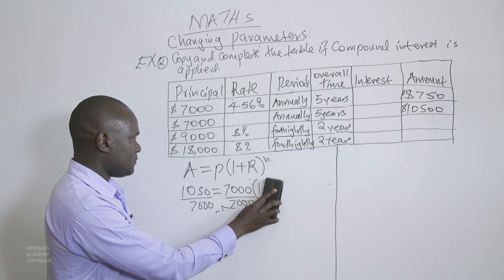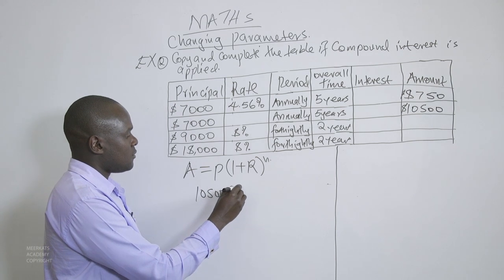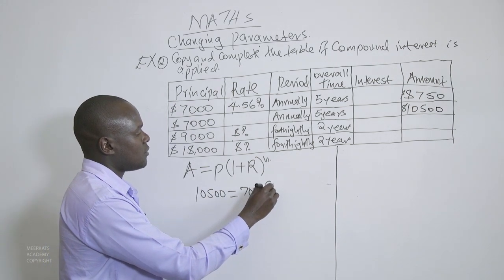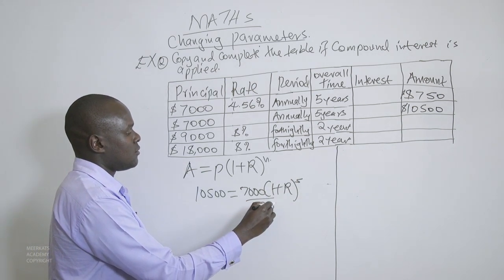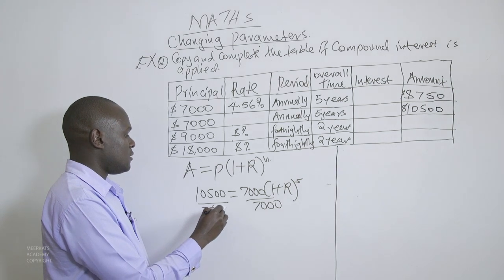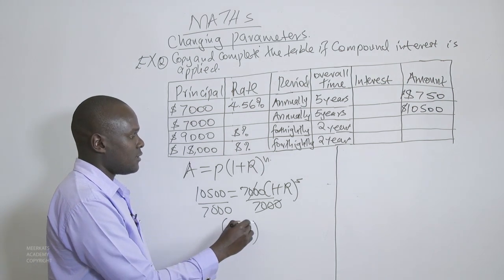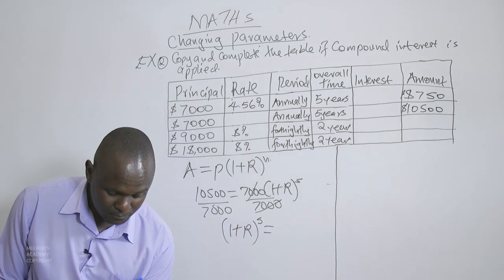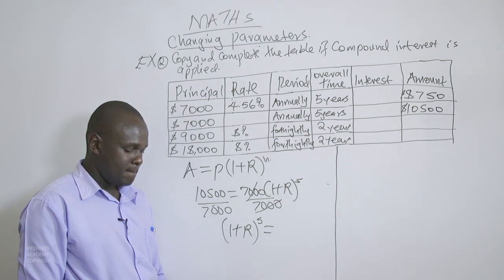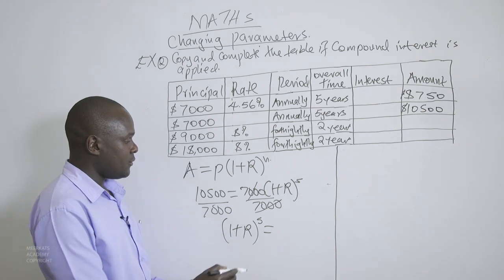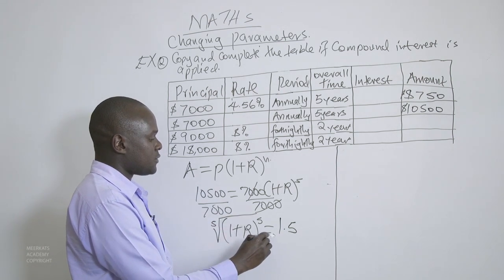Let us divide first. 10,500 divided by 7,000. What are we going to get? You can try that using your calculator. This is giving me 1.5, so that we can introduce the fifth root on both sides.